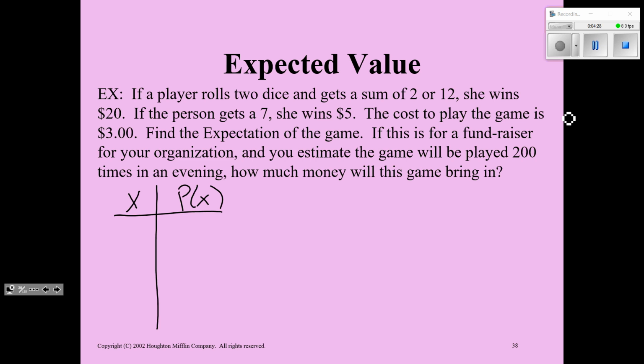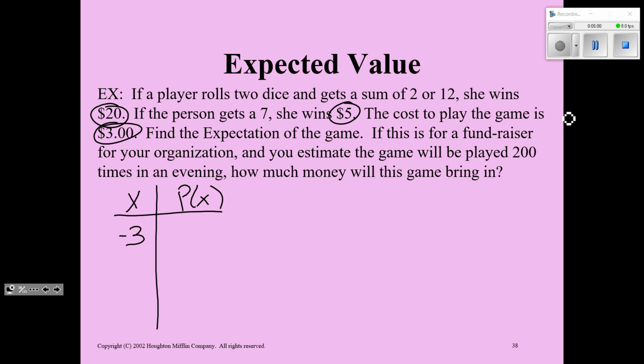With the 3 things that can happen, what are the numerical things that could happen in this game? It's not win-lose. If you pay $3 and you don't roll a 2, 12, or 7, what happens? You lose $3. So that's -3.